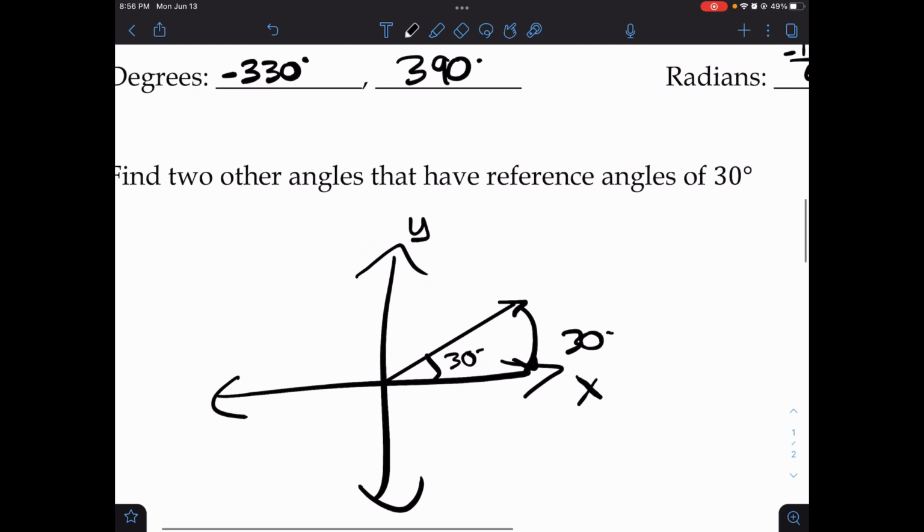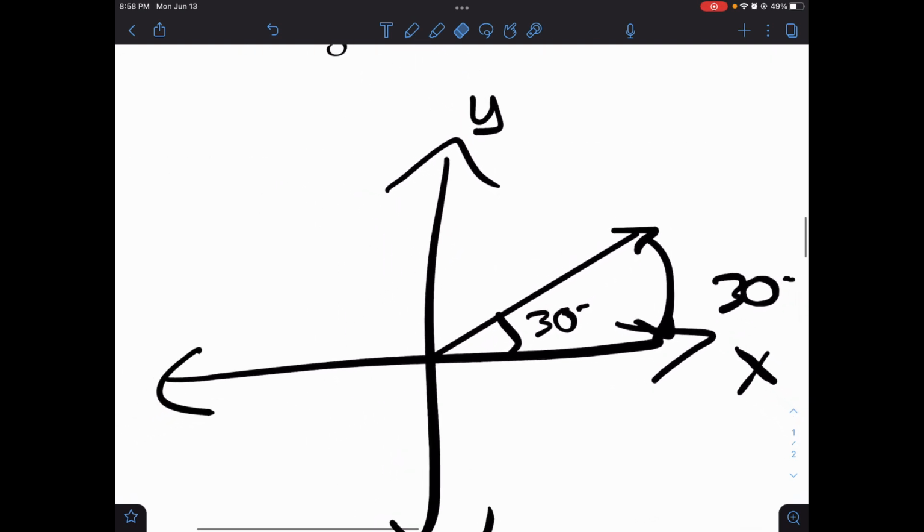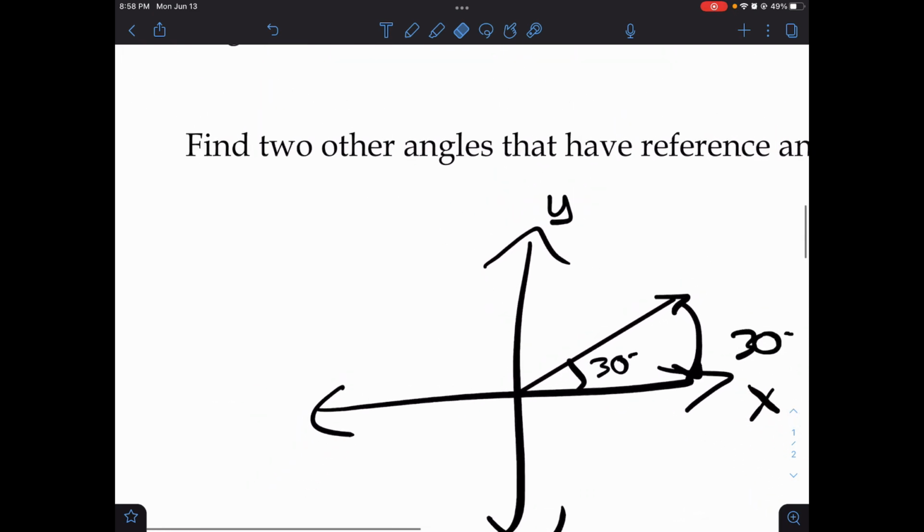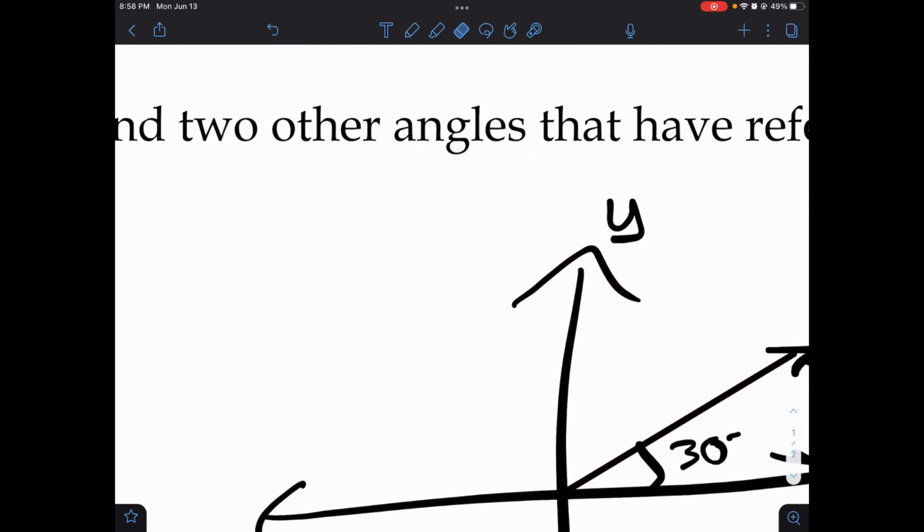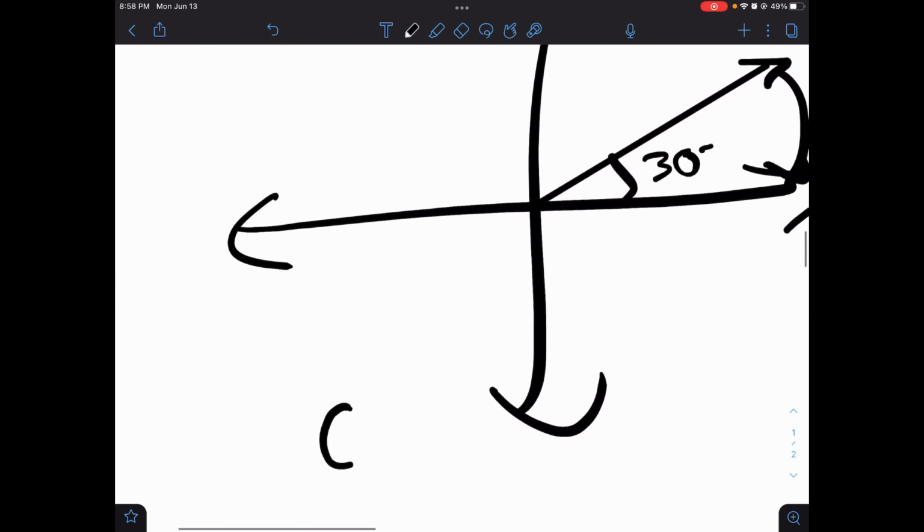Now it's asking us to find two other angles that have reference angles of 30. So an angle can be here, or it can be here. Or it can be here. So, okay, so let's see. So let's find a reference angle in quadrant 2 and quadrant 3.